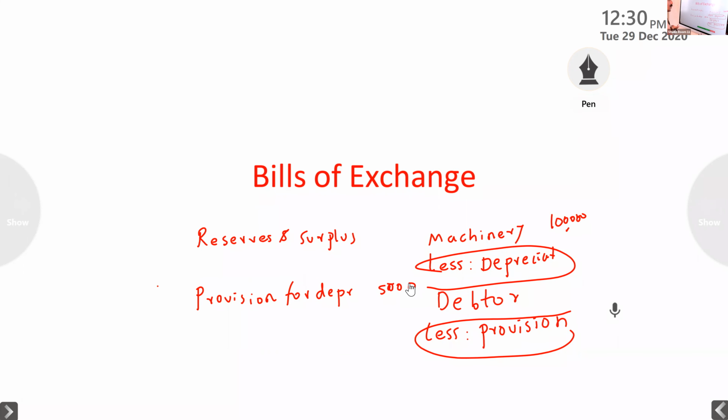Then provision, two choices there: normally deduct from the respective item, otherwise show on the balance sheet liability side. So we can see in the trial balance, a provision for doubtful debt, credit balance is given. Provision for bad debt, old provision.